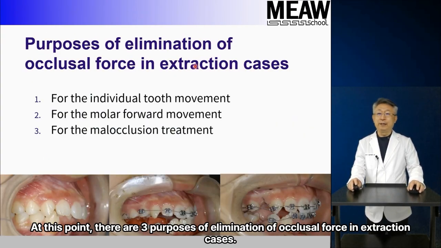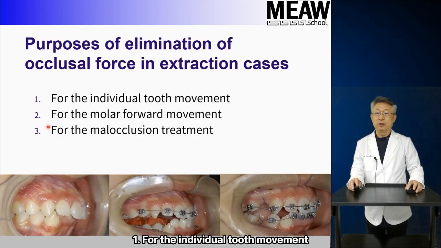At this point, there are 3 purposes of elimination of occlusal force in extraction cases. 1. For the individual tooth movement. 2. For the molar forward movement. 3. For the malocclusion treatment.